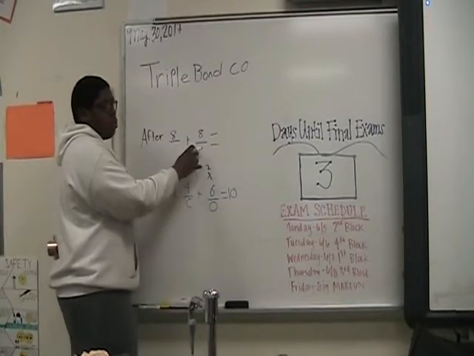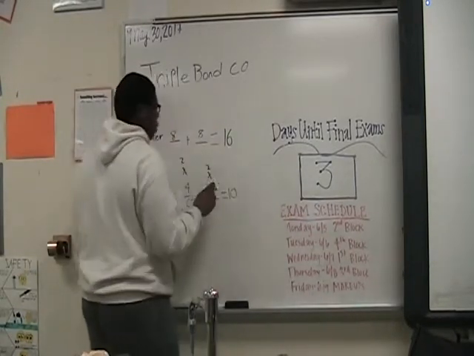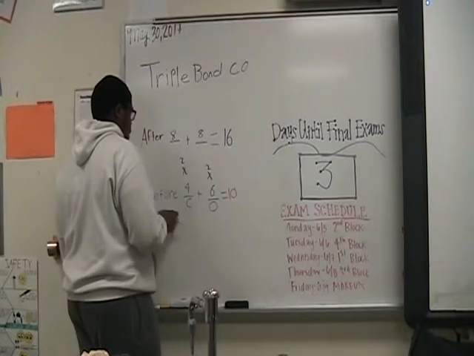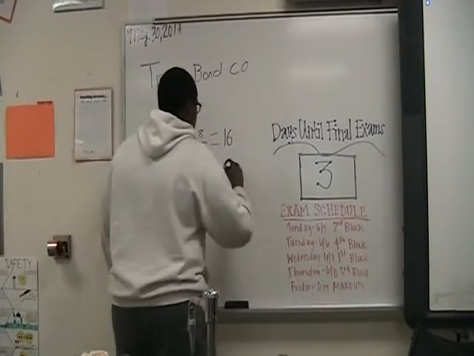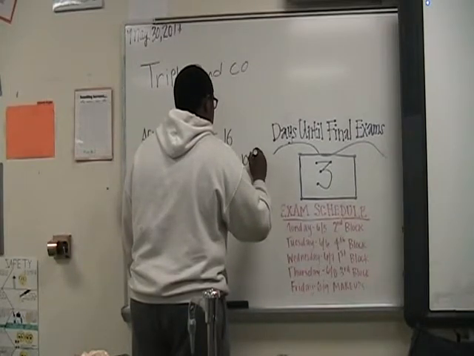And then 8 plus 8 equals 16. After that, you want to subtract your before from your after. So 16 minus 10 equals 6.